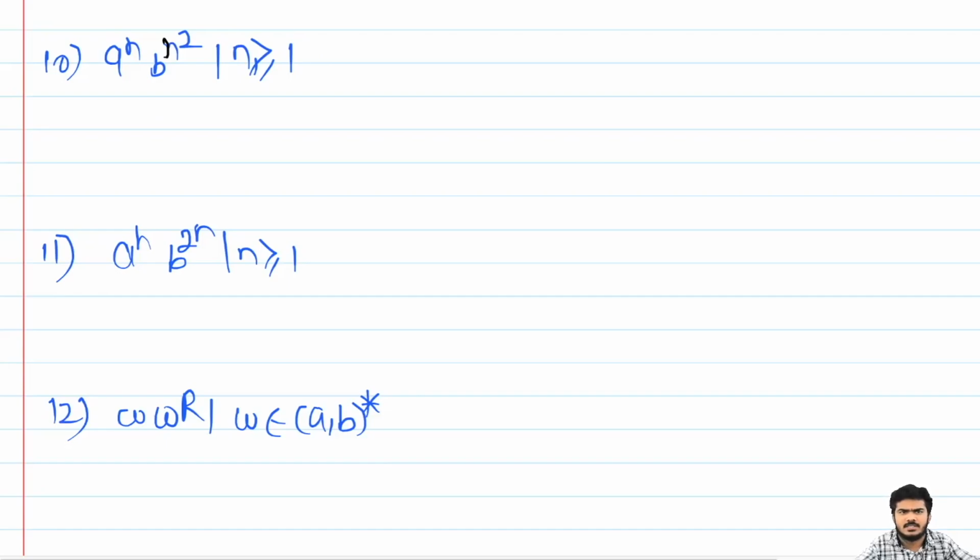So the next language is a to the power n, b to the power n square, where n is greater than or equal to 1.